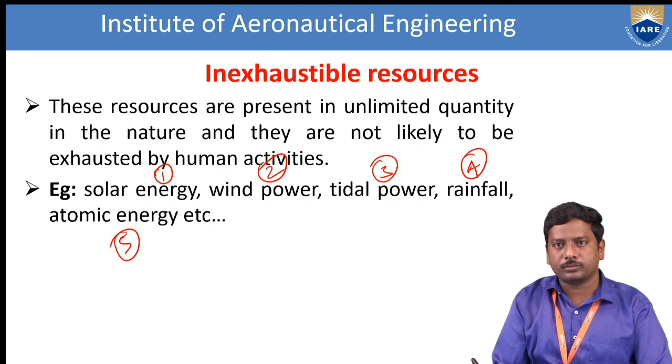That means no exhaustion takes place even by human activities. They are present in unlimited quantity. Nature produces these quantities each and every time. So these five energies are the best examples for inexhaustible resources.